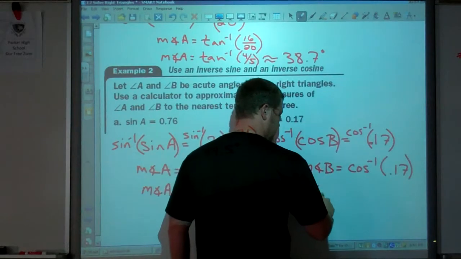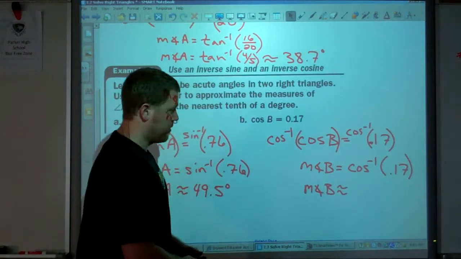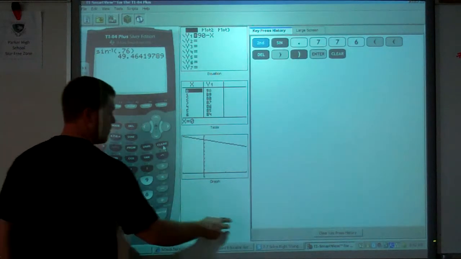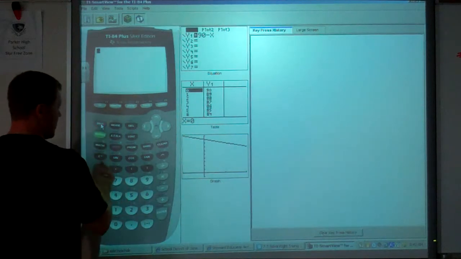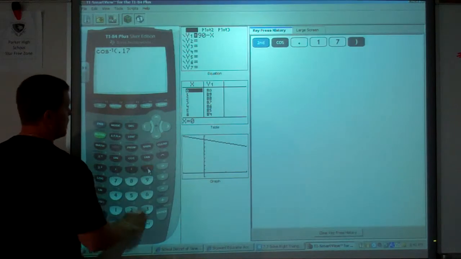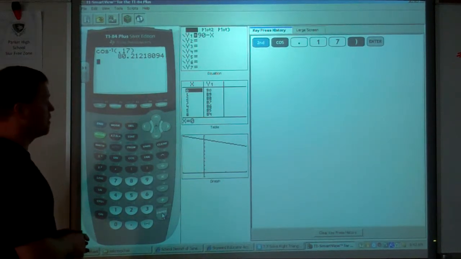So the measure of angle B is about, second cosine 0.17, and hit enter. 80.2 degrees.